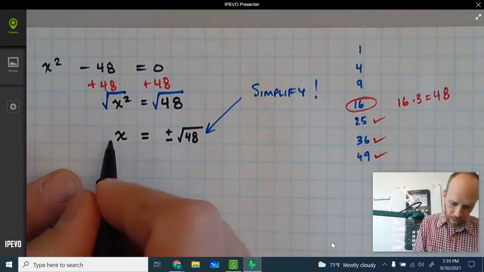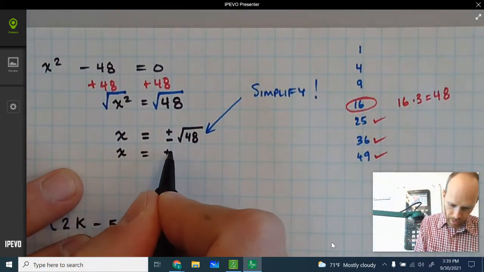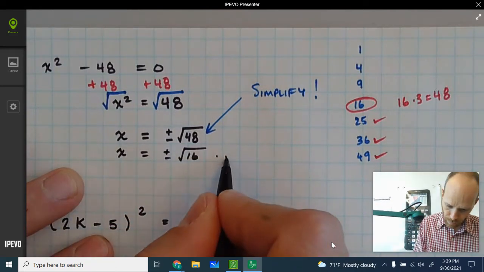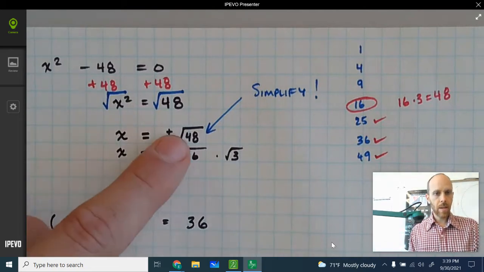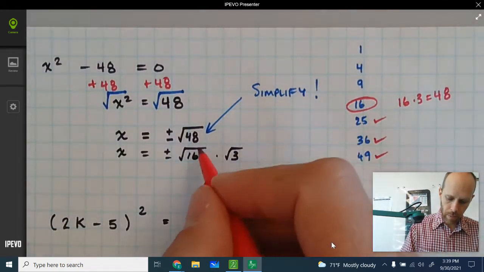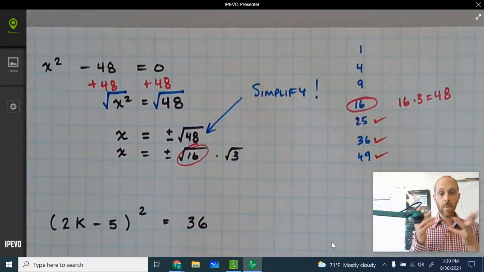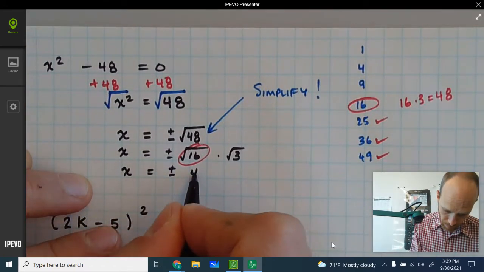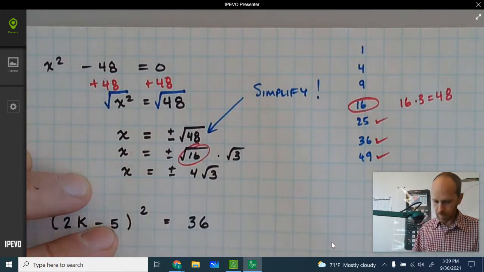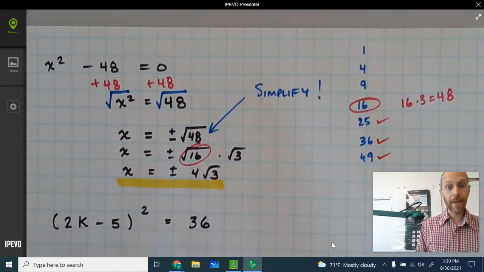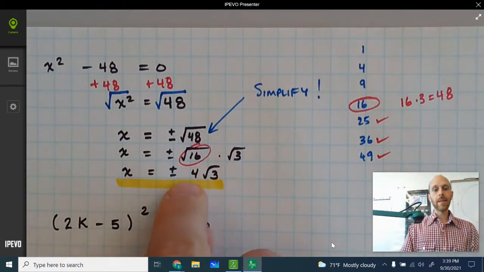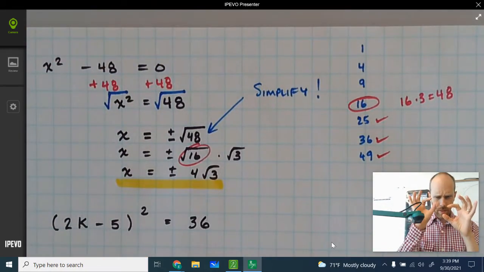So you need to take this and rewrite it as roots of 16 times roots of 3. And then we say the square root of 16 is 4. So x will be equal to plus or minus 4 roots of 3. And that's our final answer. The goal, by the way, is to make the number that's inside the radical as tiny as possible.